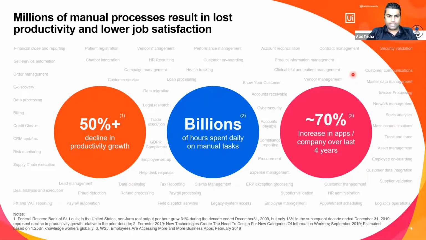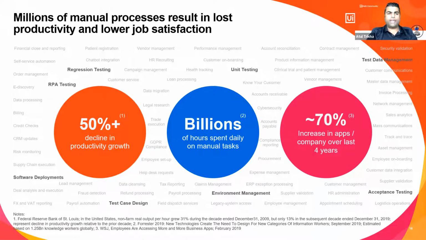We have seen that with the use of the manual tester, there is a 50% decline in the productivity growth, because you are doing the same thing again and again, and you are spending billions of hours on a day-to-day basis doing this manual test.